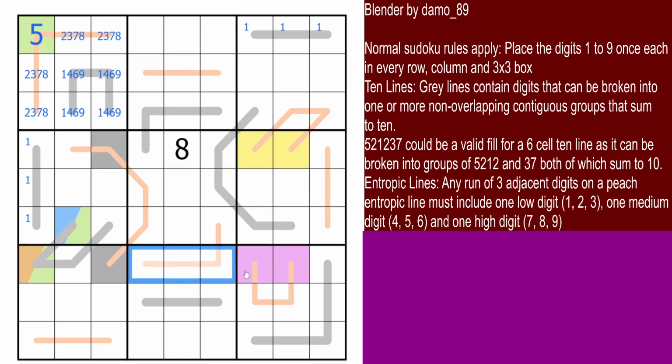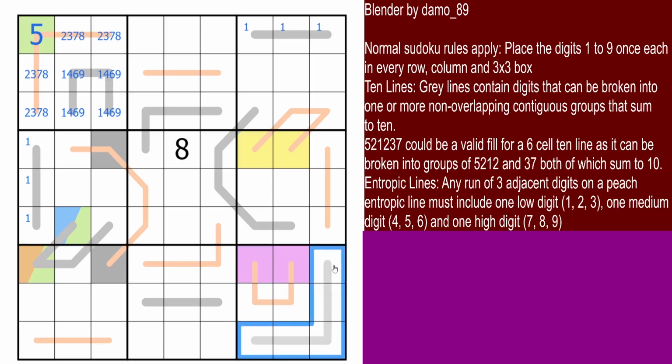So whatever color this is, pink or purple, all the digits of that entropy will be gone here, and that means this is a different entropy. But I don't know what this is.